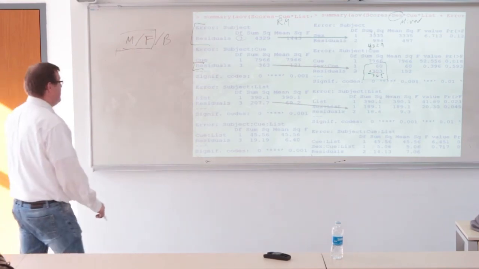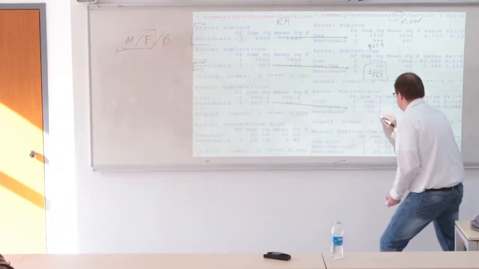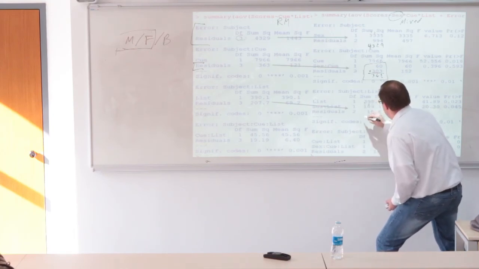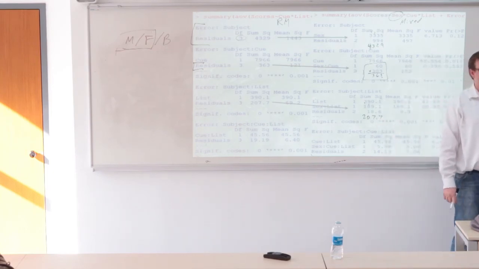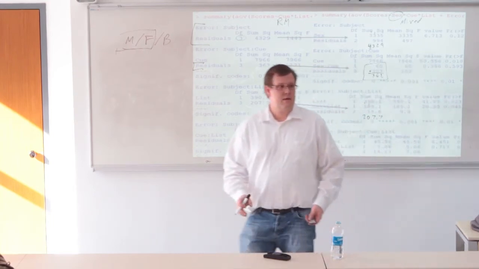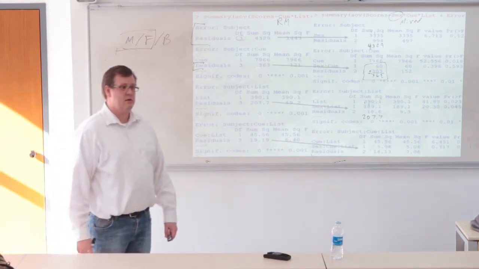Same thing down here, right? 3, now we have 1 and 2. 207.7. Yes! We're just breaking up the residuals appropriately. And same thing down the bottom. That's it.